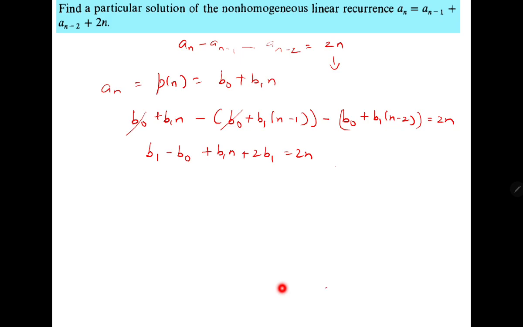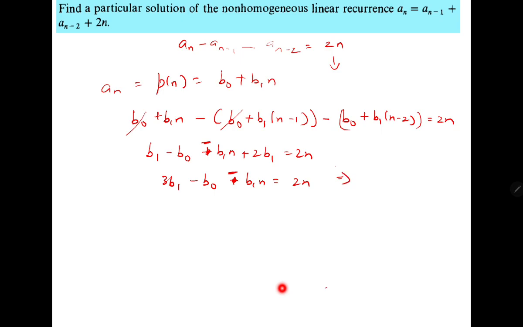So 3 B1 minus B0 plus B1 n is equal to 2n. There are some more small mistakes: this B1 n is also minus, so this is also minus.